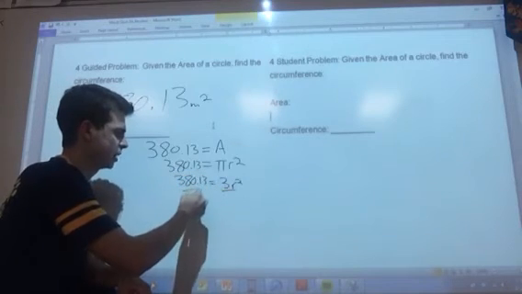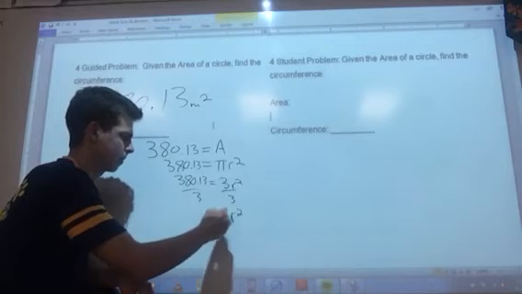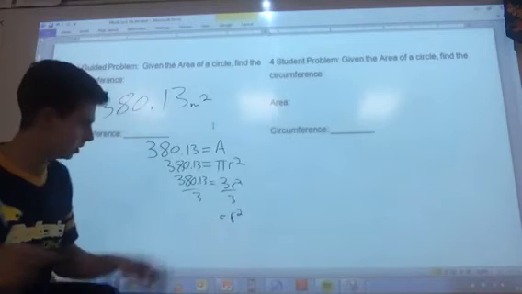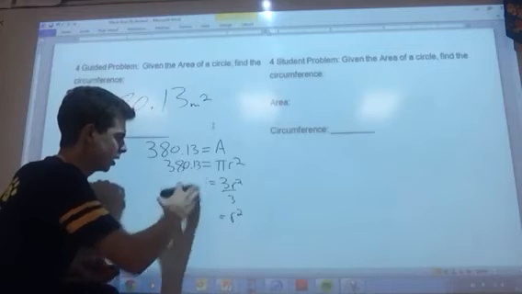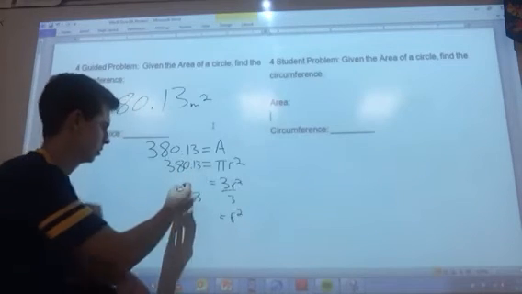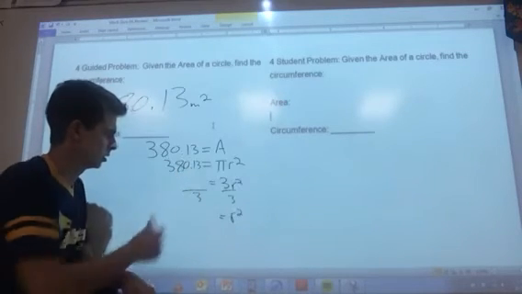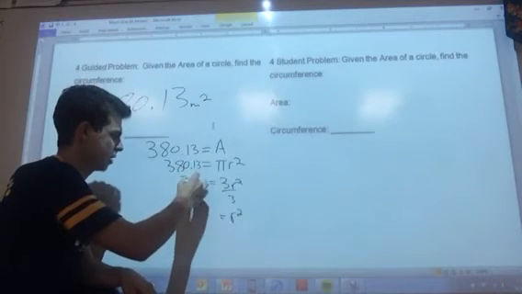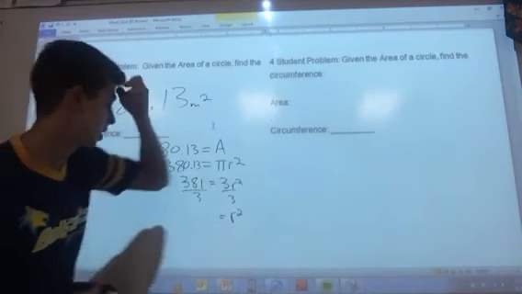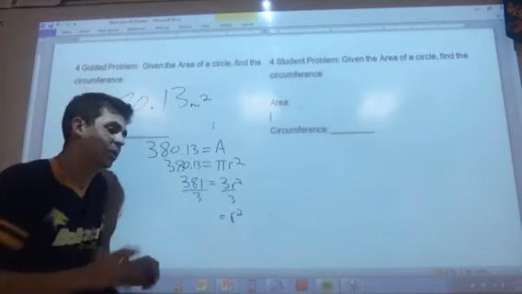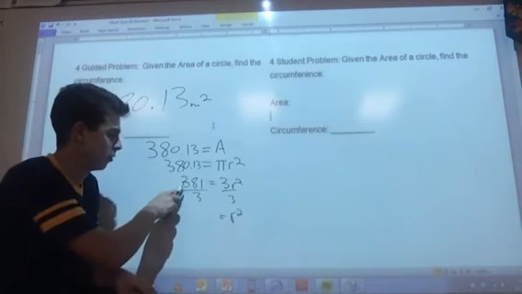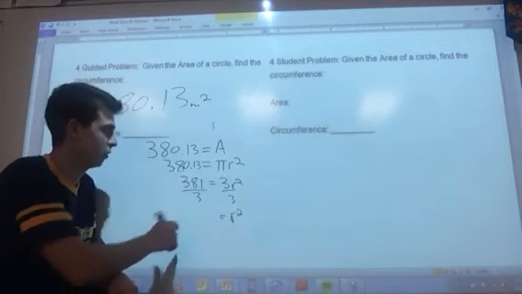Let's divide both sides by 3. Let's also round this to the nearest whole number, 381. It's fairly close. I know that this is going to be divisible by 3 because the sum of the digits adds up to a multiple of 3: 3 plus 8 is 11, plus 1 is 12.